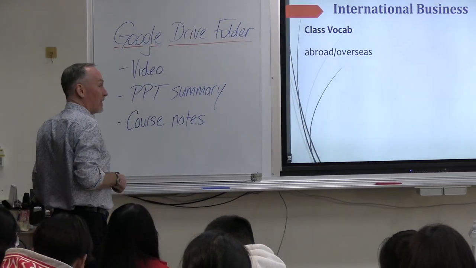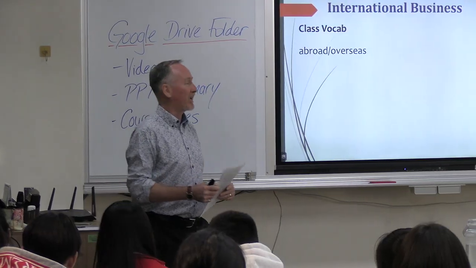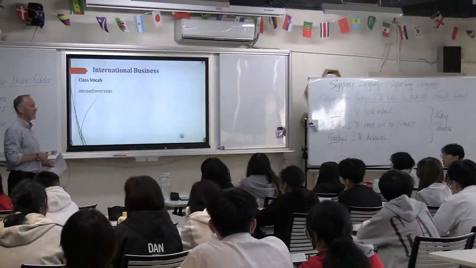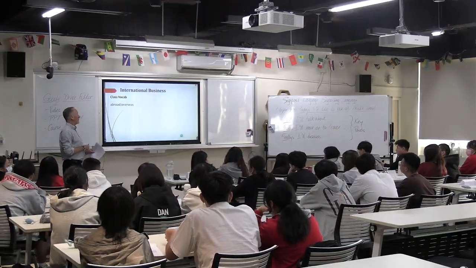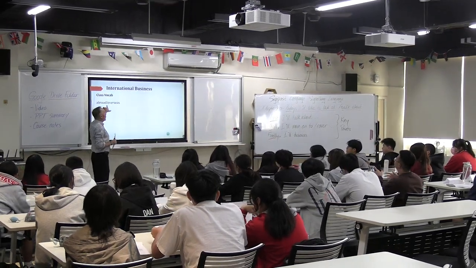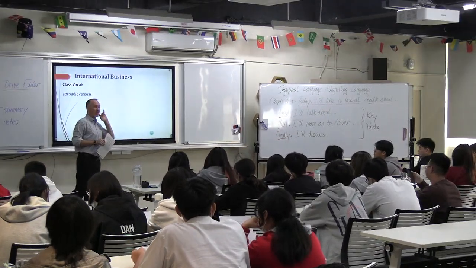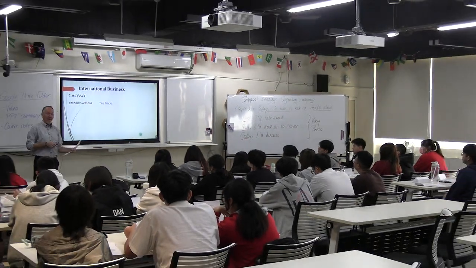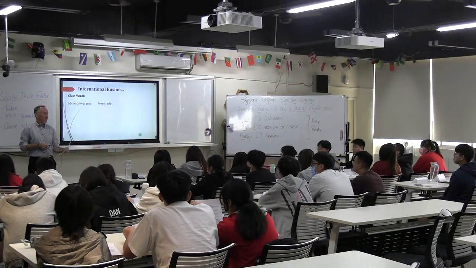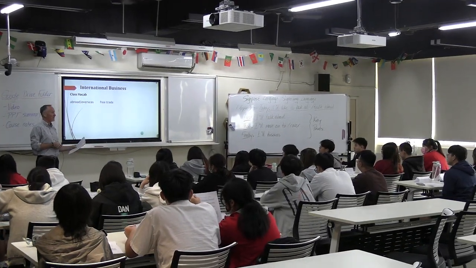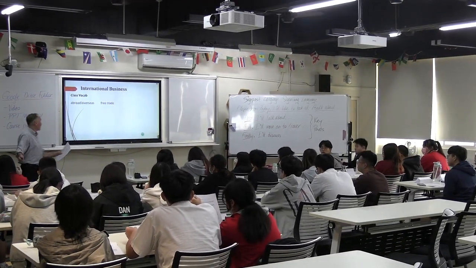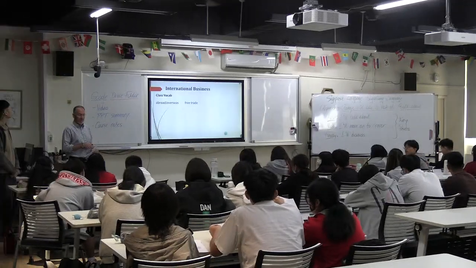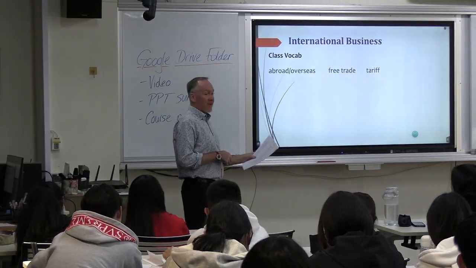Okay. Luna. Is Luna here? All right. Can you read that one for me, Luna? Abroad. Perfect. Good. All right. Next one. Let's go with Elaine. Where's Elaine? No Elaine? Okay, Gina. Free trade. All right.